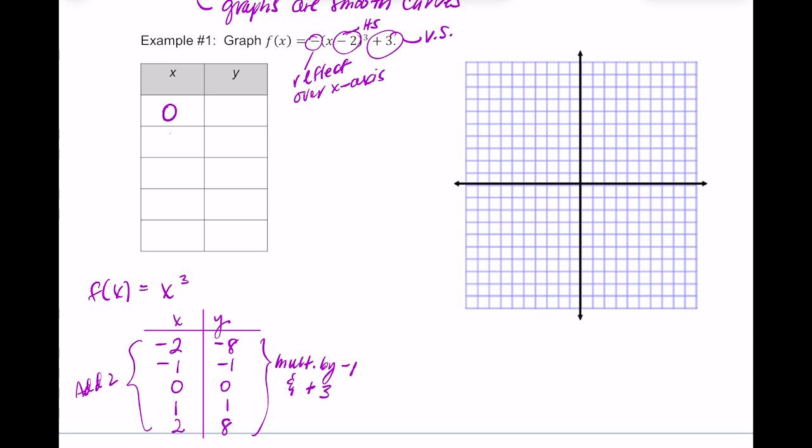Negative 1 plus 2 is 1. 0 plus 2, 1 plus 2, and 2 plus 2. So there are my x coordinates. For my y, I'm going to multiply by negative 1 and then add the 3. So negative 8 times negative 1 is 8, plus 3 gives me 11. Negative 1 times negative 1 is 1, plus 3, which gives me 4, and so on.